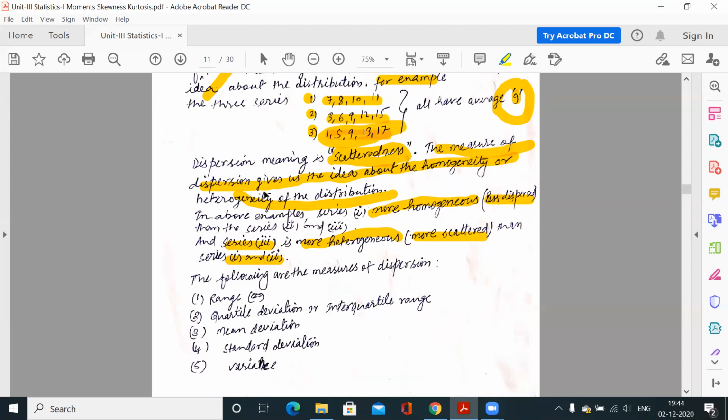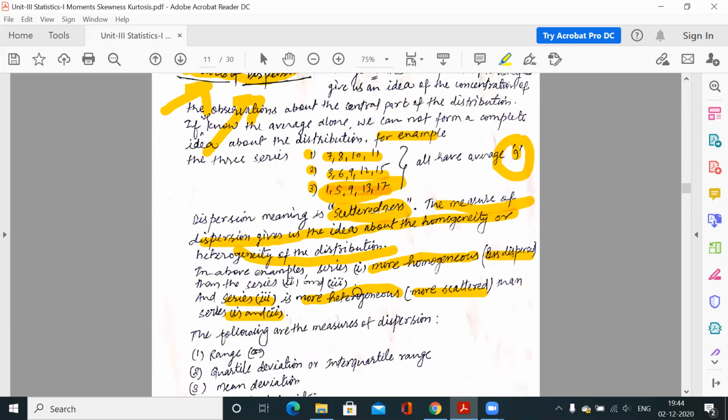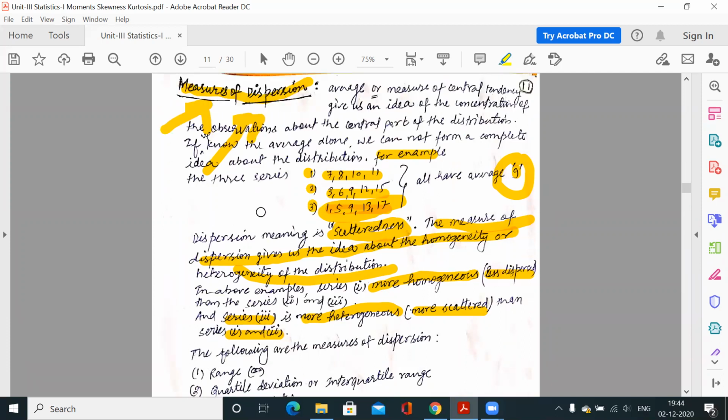So we always calculate the measure of dispersion around a central value, or around one measure of central tendency, either mean or mode or median. Now I assume that you know the concept.